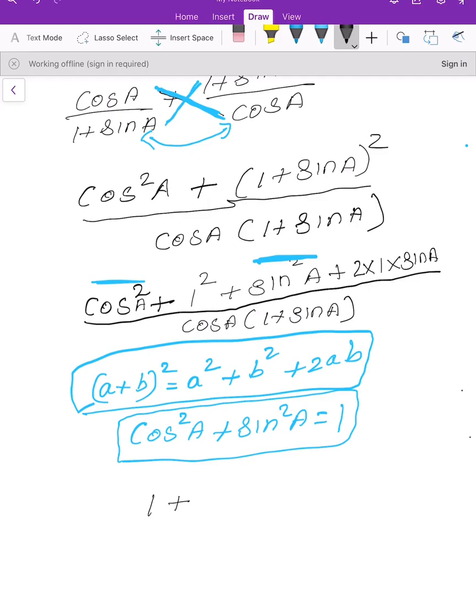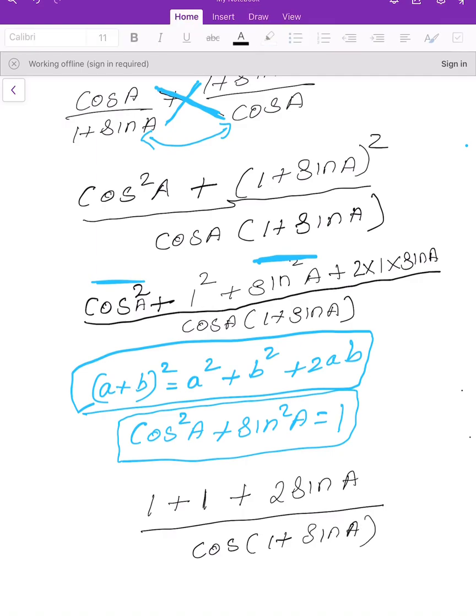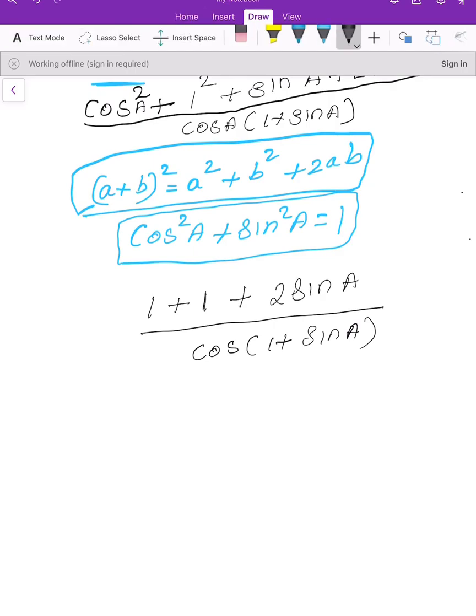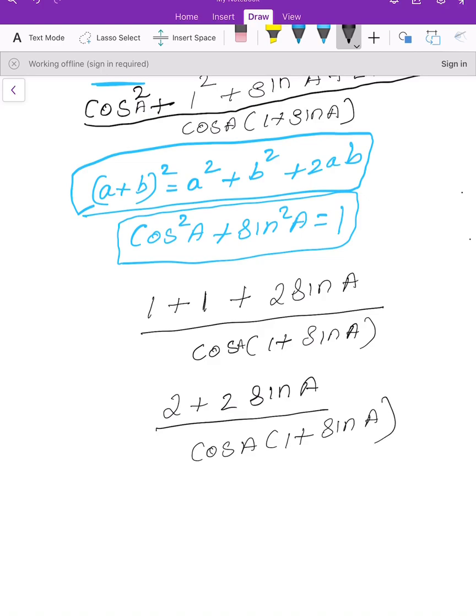1 square is nothing but 1, plus 2 into 1 into sin A is 2 sin A, divided by cos A into 1 plus sin A. 1 plus 1 is 2, so 2 plus 2 sin A divided by cos A into 1 plus sin A. Both have 2 common, so I'll take the 2 outside.